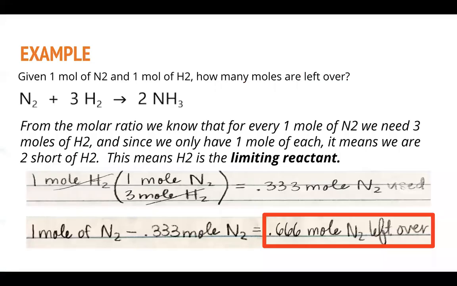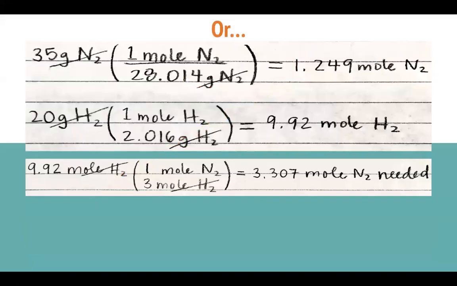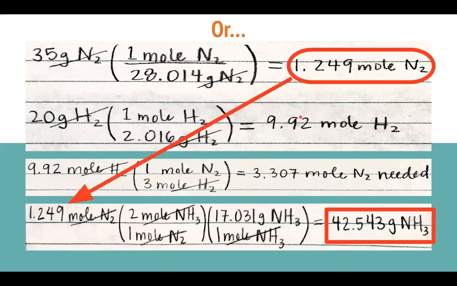Then pick either of the answers you get and use the molar ratio to convert it into the other reactant to see how much is needed. Then compare how much is needed with how much you have. If what you have is less than what you need, you know it's the limiting reactant. If it's more than what you need, you know it's the excess reactant, and the other one is the limiting. And then just take that and convert it.